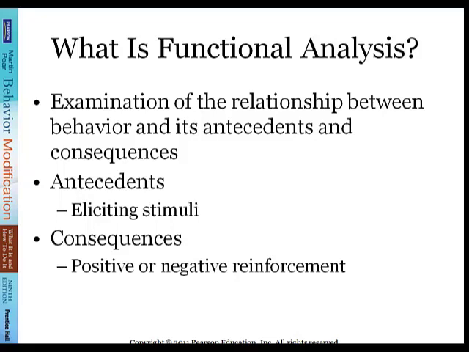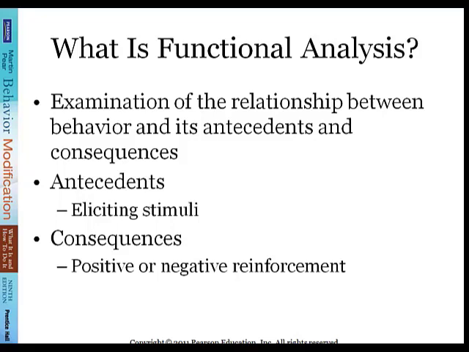To introduce the idea of functional analysis or functional assessment, we're going to start off by identifying the difference between an antecedent and a consequence. Functional analysis basically examines the relationship between a behavior and its antecedents and consequences. The antecedents come first. To help you remember this, we can call this the ABC model.